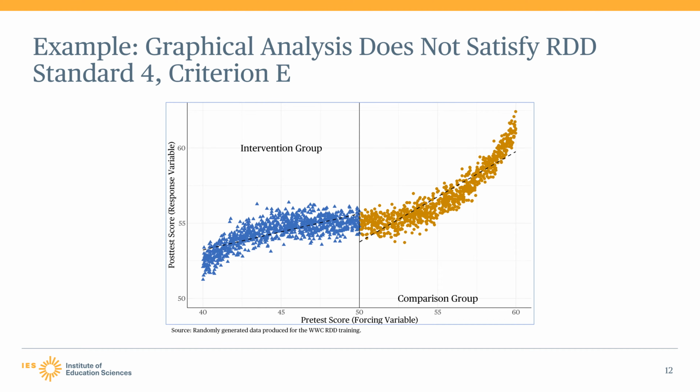The scatter plot clearly indicates that the outcome forcing variable relationship is not linear and would be better reflected in a polynomial model specification. This graphical analysis would not satisfy criterion E of the functional form and bandwidth standard because the functional form specification used for the impact analysis is obviously inconsistent with the graphical display of the outcome and forcing variable relationship.